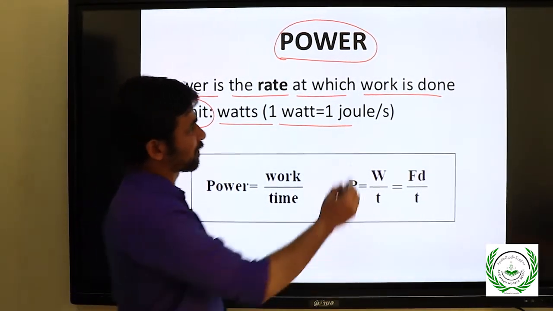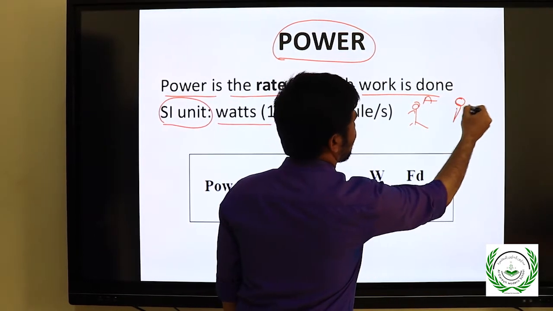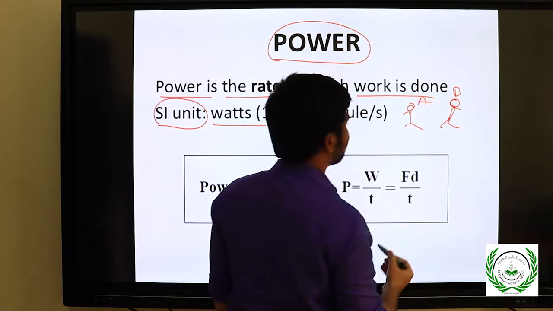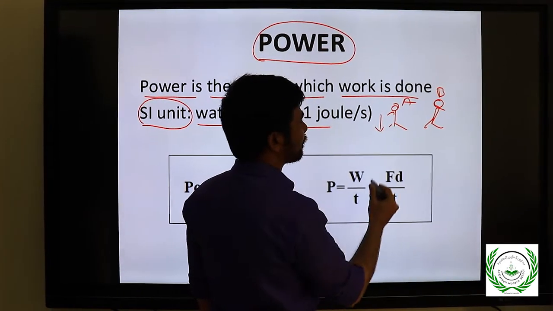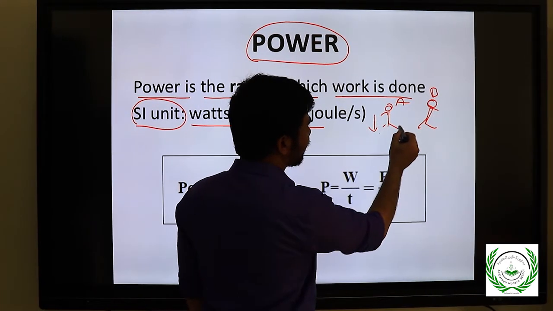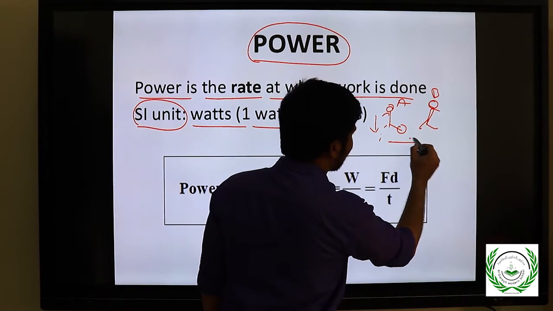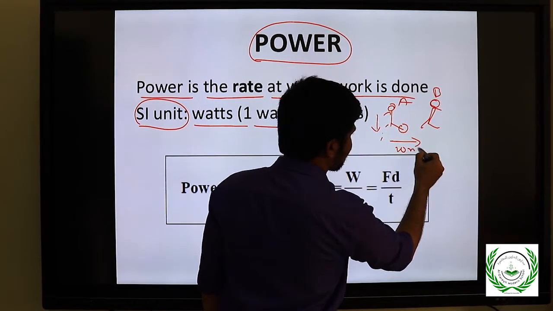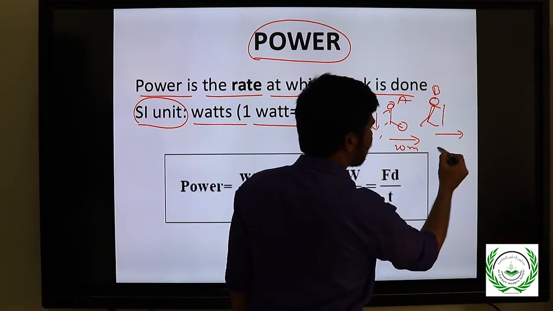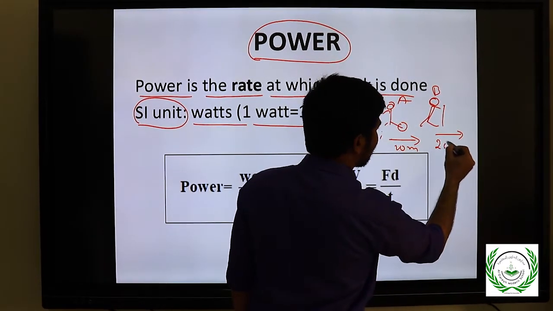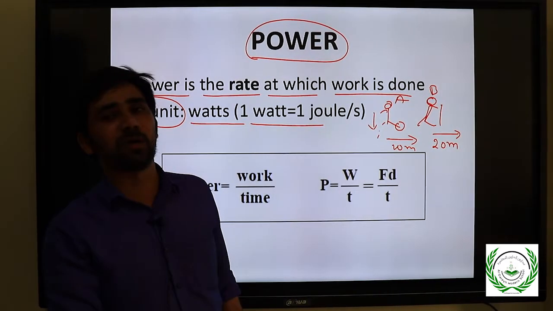Imagine there are two persons, A and another person, B. A did some work: he kicked the ball, and the ball traveled 10 meters. In the same way, B kicked the ball and the ball traveled 20 meters. We can say that B has more power.